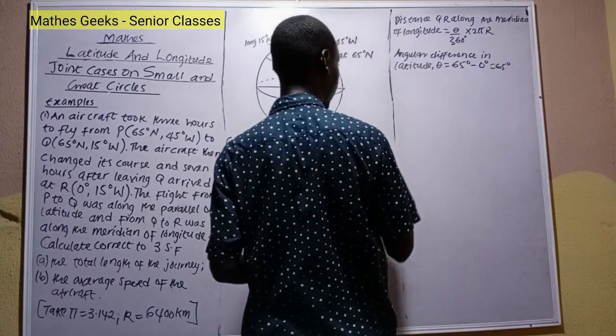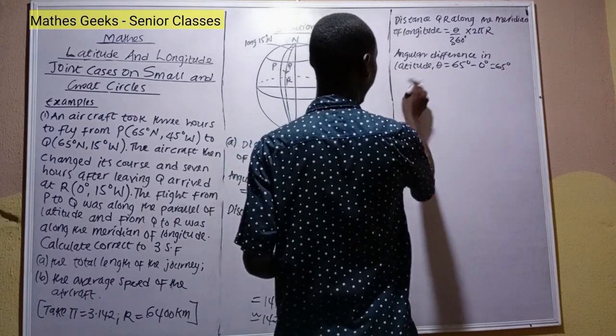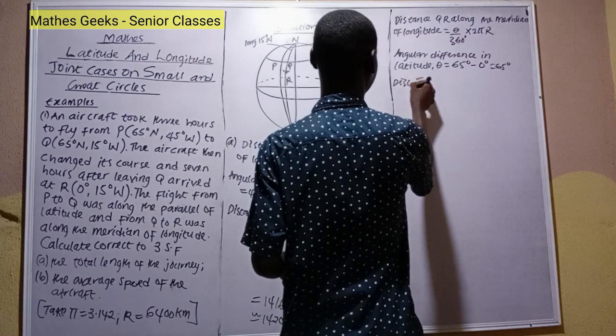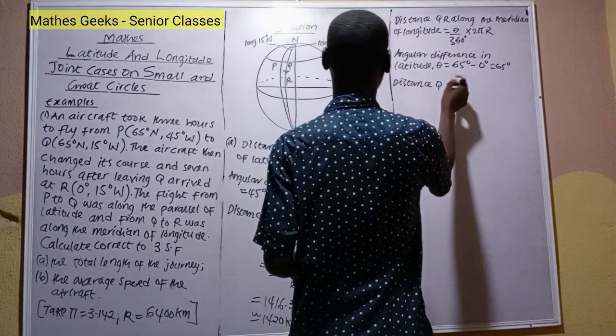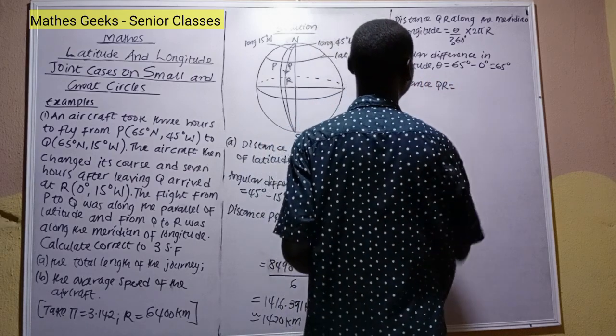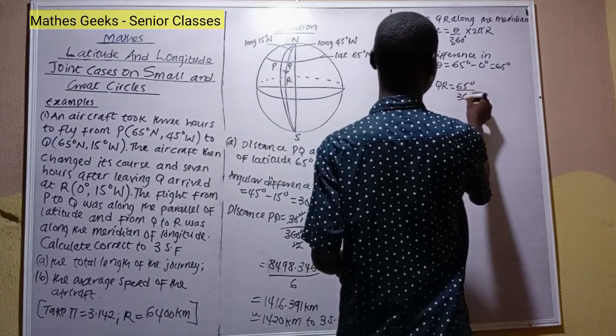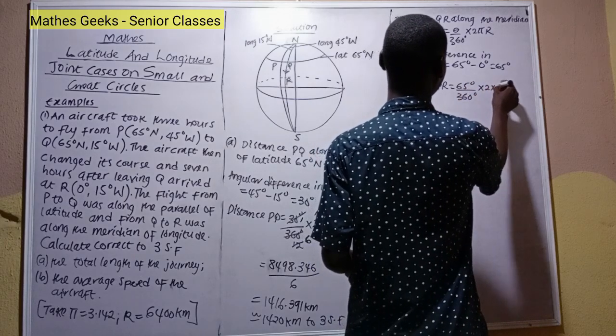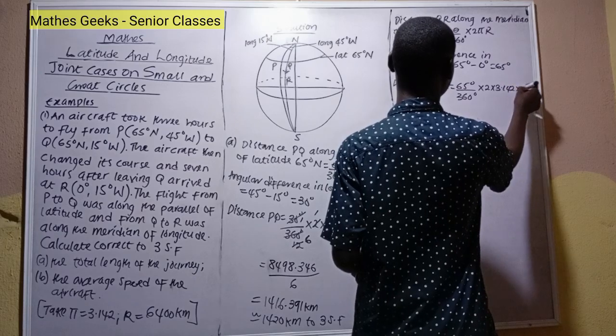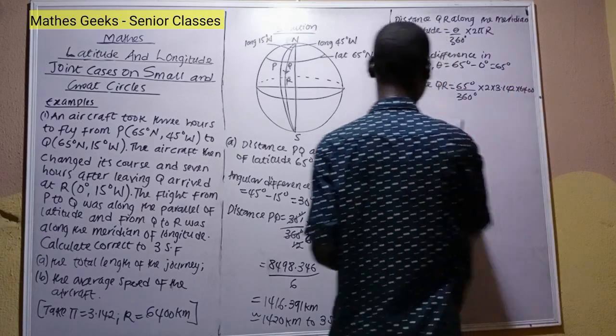So distance QR is equal to 65 degrees over 360 degrees times 2 times 3.142 times 6,400.